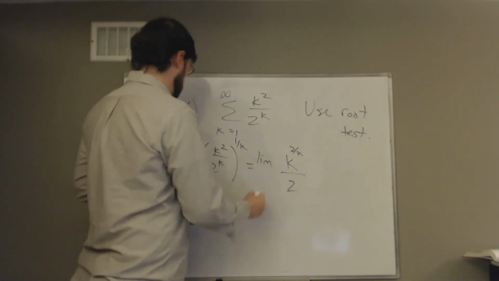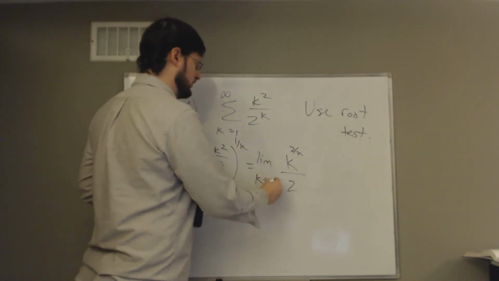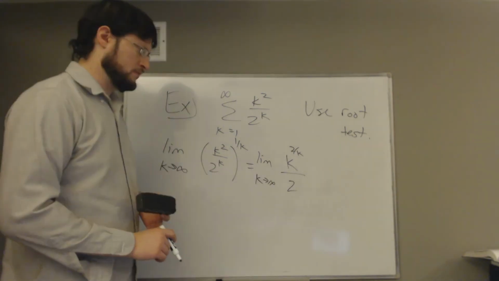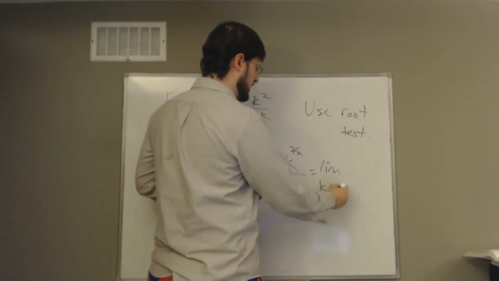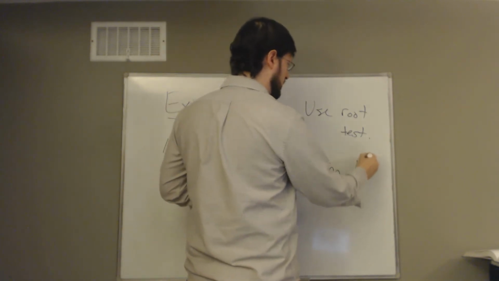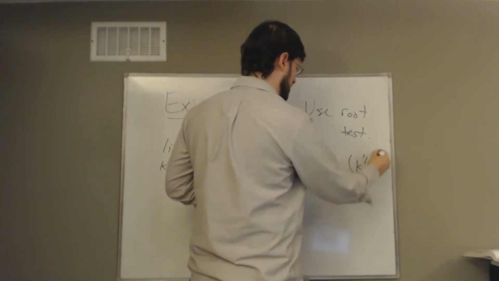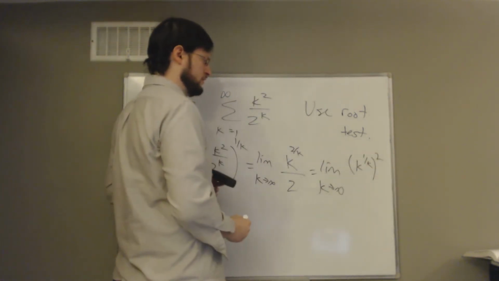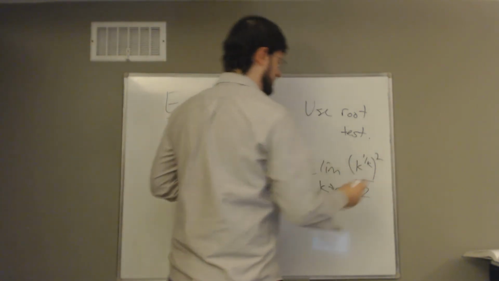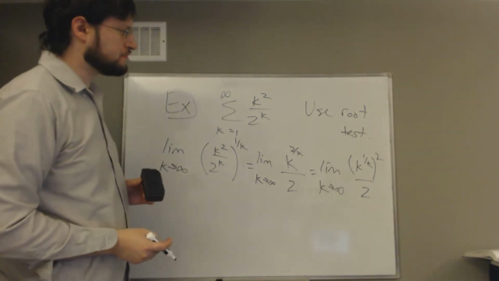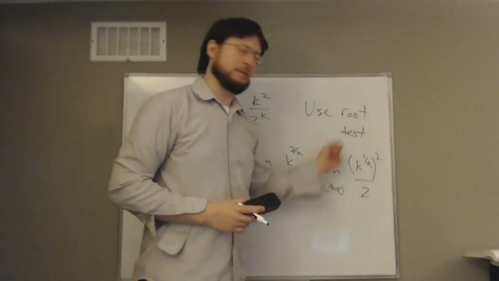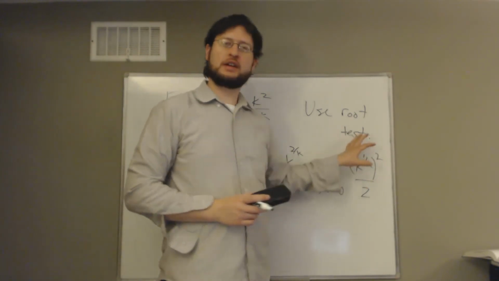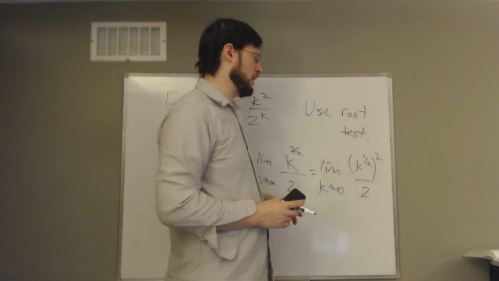The limit as k goes to infinity of k to the 1 over k, squared, all over 2. Now, this is a funny limit that we're going to see a bunch of times, so we just have to remember what happens.